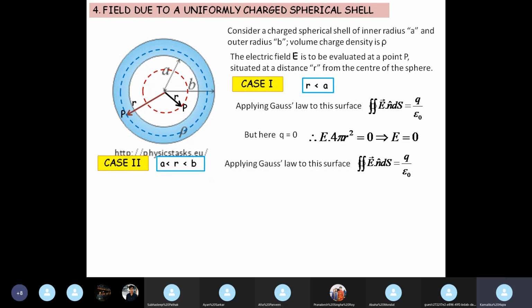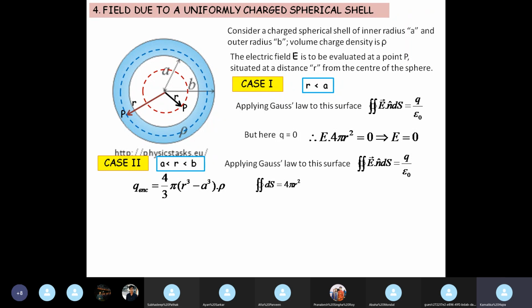If you apply Gauss's law, the charge enclosed is 4/3 pi (r cube minus a cube), the volume between the inner shell and the imaginary Gaussian surface, multiplied by rho. And of course the surface integral dS is 4 pi r square.